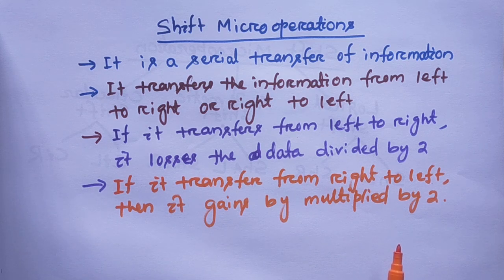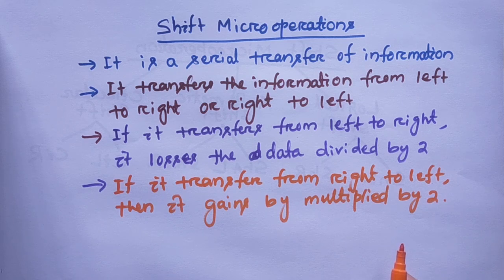Why? Because if we transfer data from left to right, some data shifts its position from left to right, or some data is added to its position, by which some data will be lost or some data will be gained, in different ways as per our requirement.